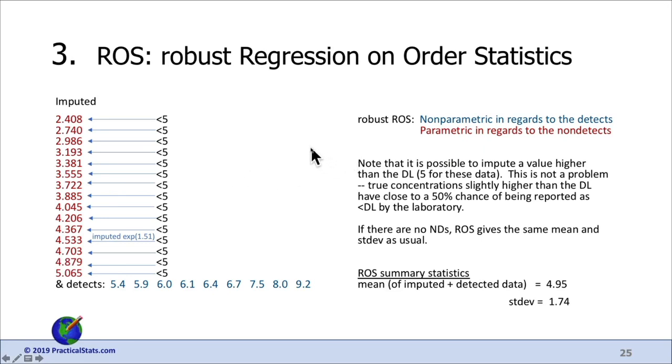You can't get into as much trouble here, especially for estimating the mean and things like a confidence interval on the mean, because the mean is more strongly affected by the higher numbers, which we know, than the lower numbers that we don't know. So ROS has some of the properties of a distributional method, including I can extrapolate below this detection limit.